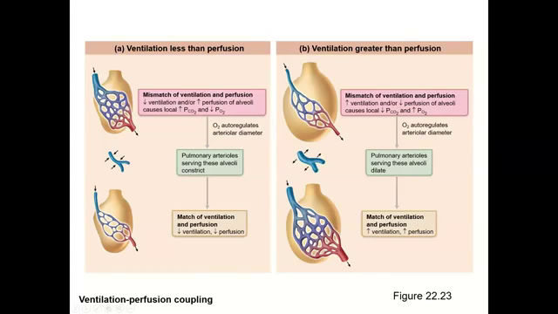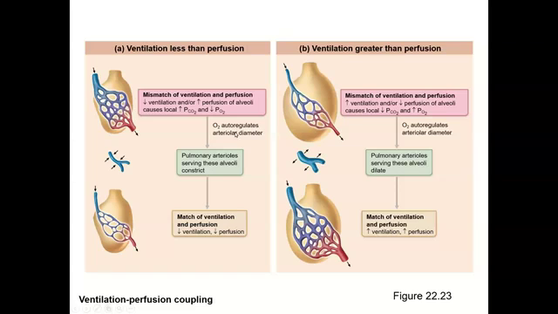The other thing that's important to remember is that our lungs will always try and match the blood flow in the capillaries to what comes in to the alveoli, how much gas or how much oxygen comes into the alveoli. And that makes sense because that will provide the optimum saturation of blood with oxygen and the optimum getting rid of CO2.